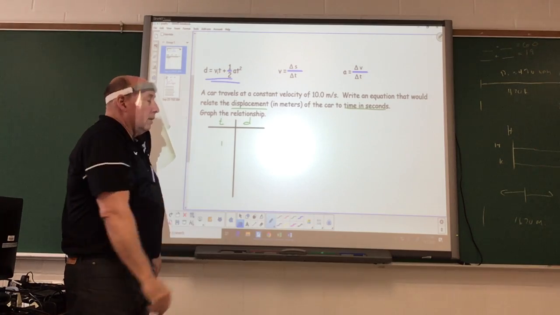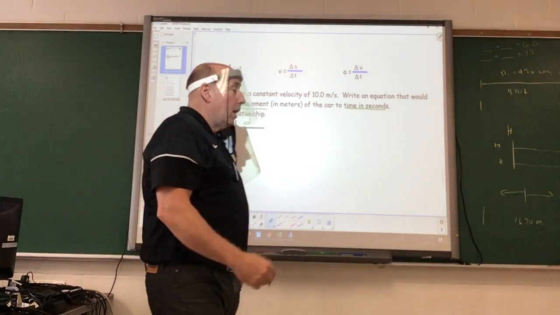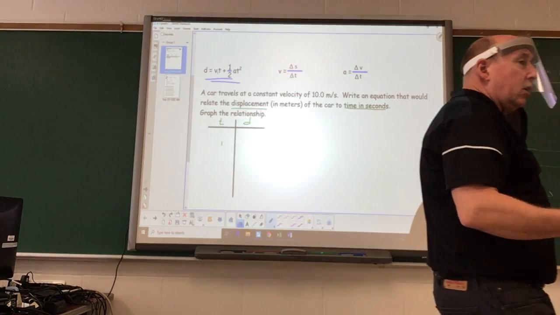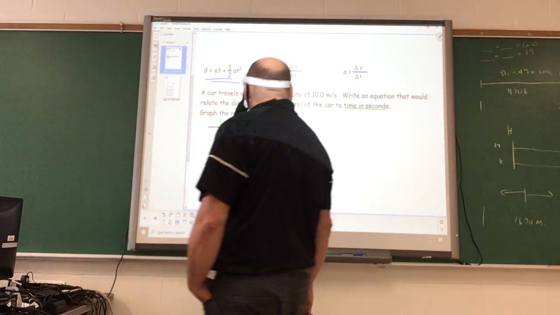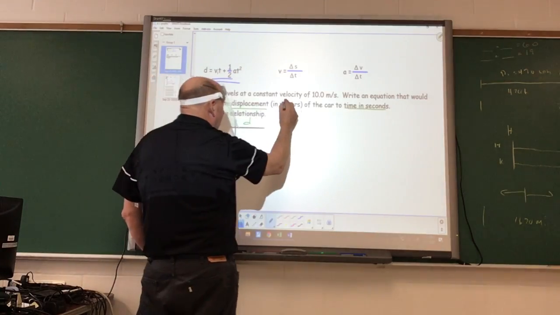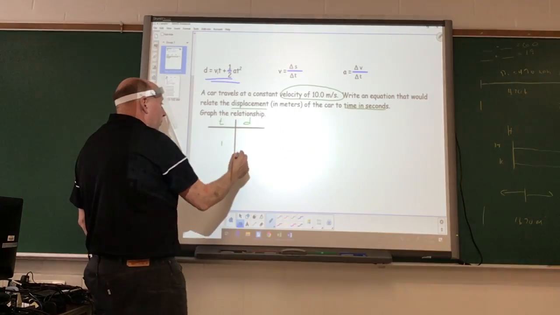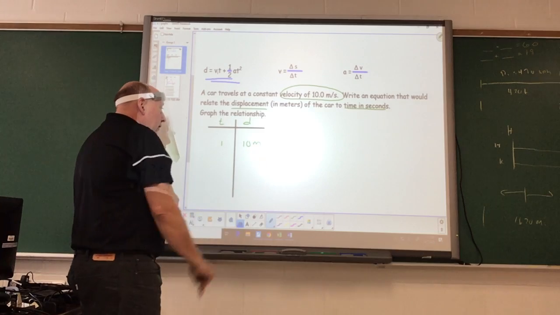After 1 second, how far has the car traveled, Ozzy? 10 meters. Because we have a velocity of 10 meters per second, this is going to give us 10 meters.